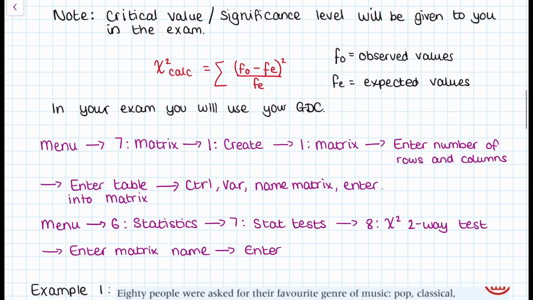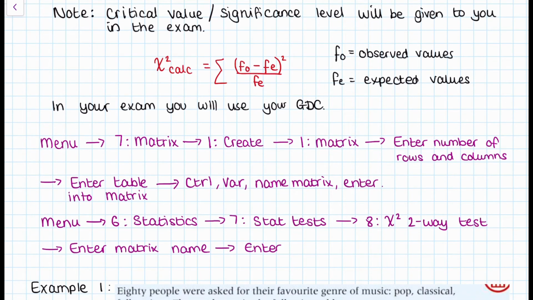These are the steps for chi-squared on a calculator, and this is for the TI Inspire. So menu, your number 7 matrix, then you go to number 1 create, number 1 matrix, and enter the number of rows and columns. You put your table into the matrix, then go to the end of the table, don't press enter, and you go control, there, decide on a name for your matrix, and then press enter.